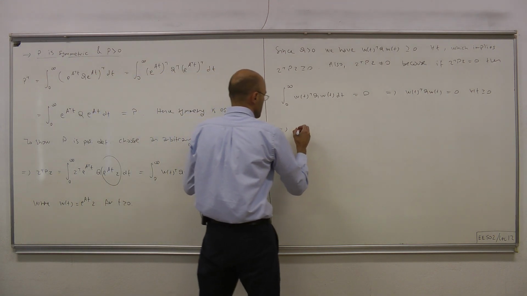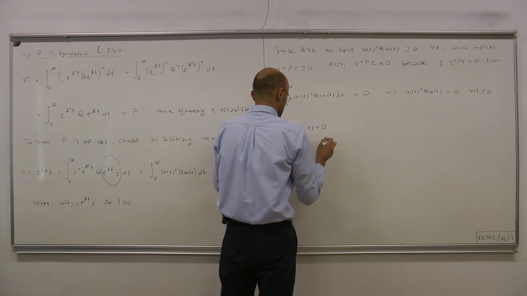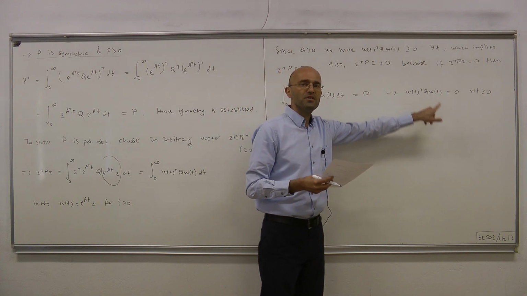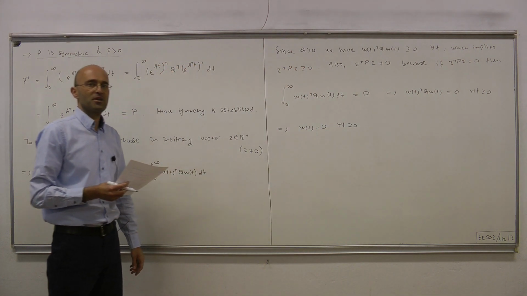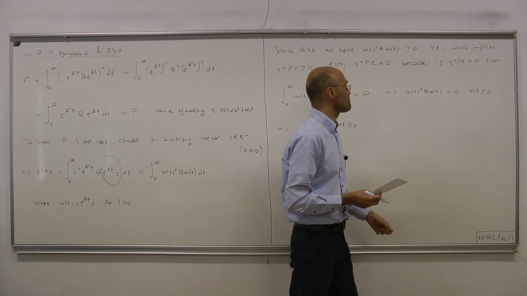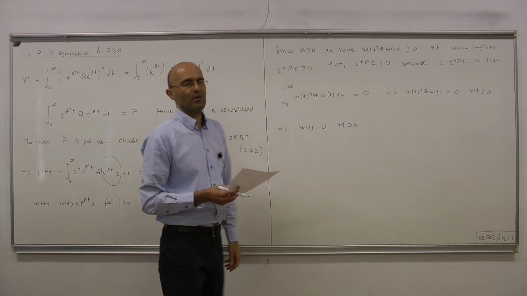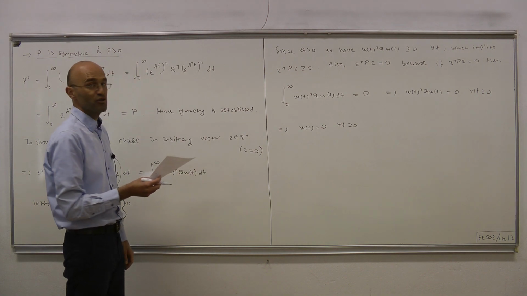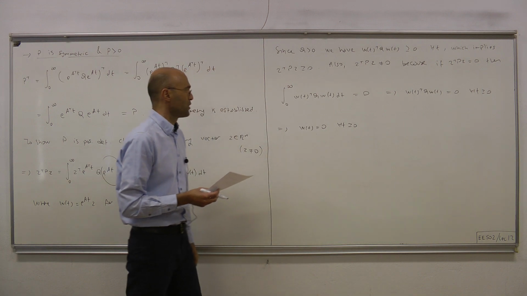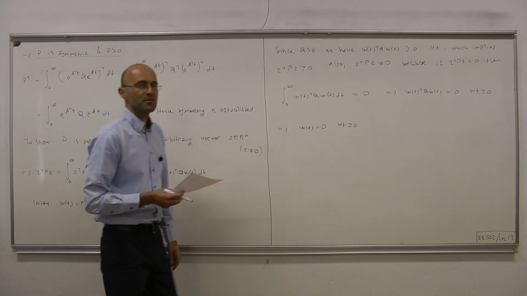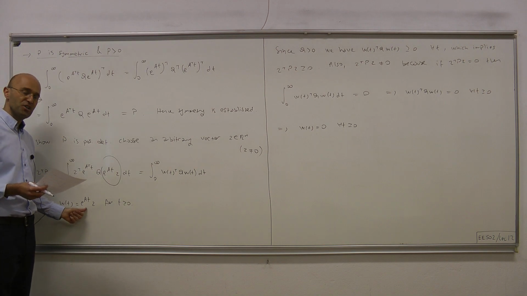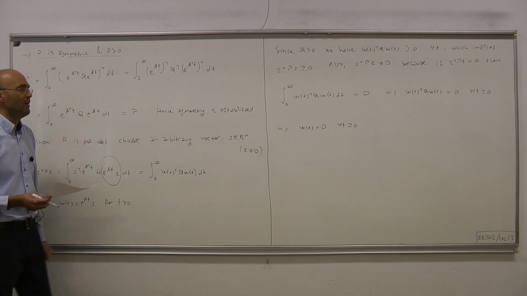So that implies w of t equals 0 for all times because Q is a positive definite matrix. Meaning that this is 0 only when that vector w of t is 0, by the definition of positive definiteness. What was w of t? w of t was the solution of our system starting from the initial condition z.